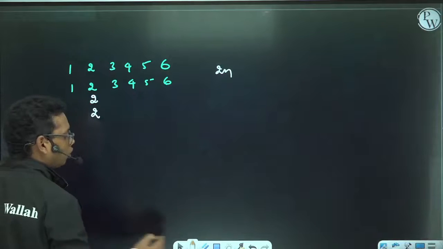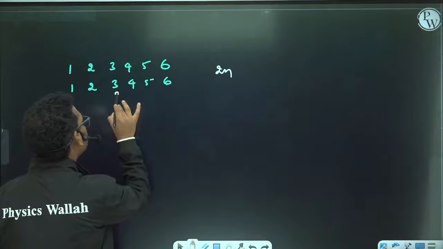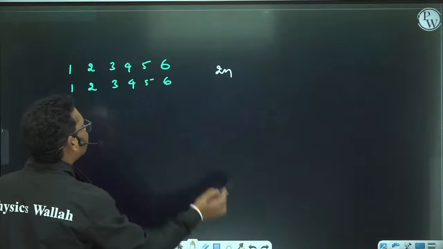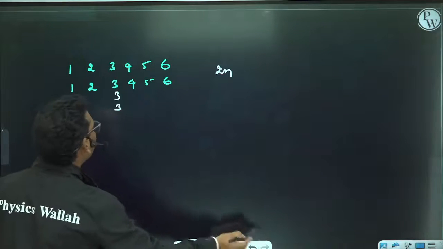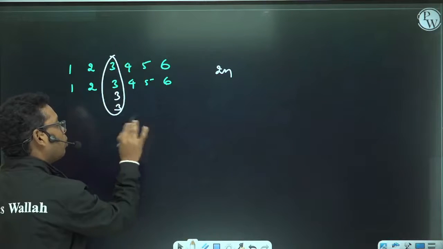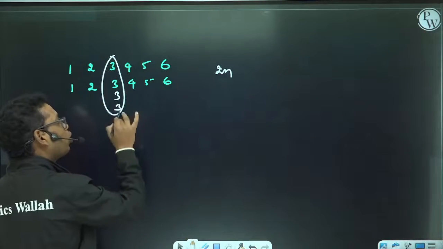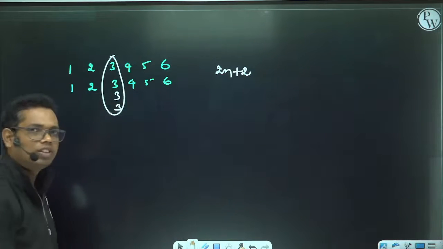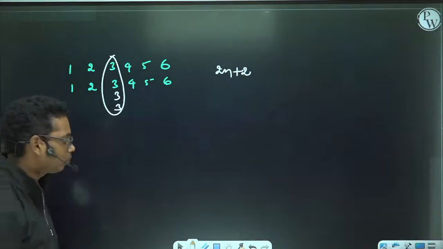Let me add 2 copies of chromosome 3. Before adding, this was 2n. If I add 2 copies of chromosome 3, this chromosome is present 4 times. So this will be called tetrasomy. How many copies have I added? 2. So I will write this as 2n plus 2. This is tetrasomy.